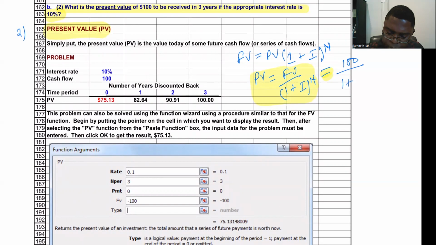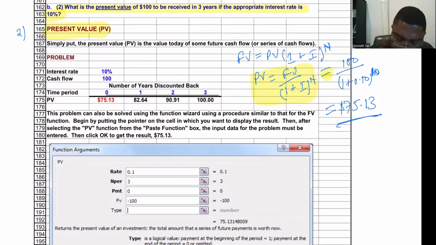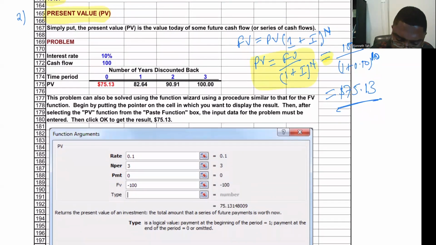So it's 1 plus 0.10 raised to the power 3. If we compute this out, we are going to have 75.13. That is the answer we get when we use the formula. Again, we can also use Excel. If we are using Excel, we type in the present value function.